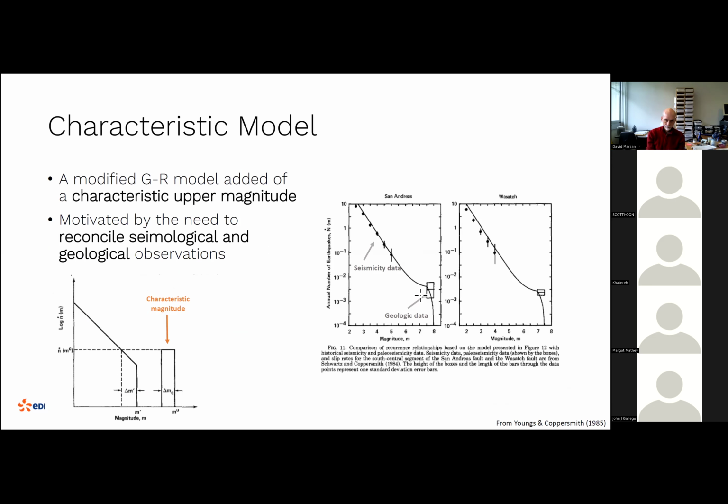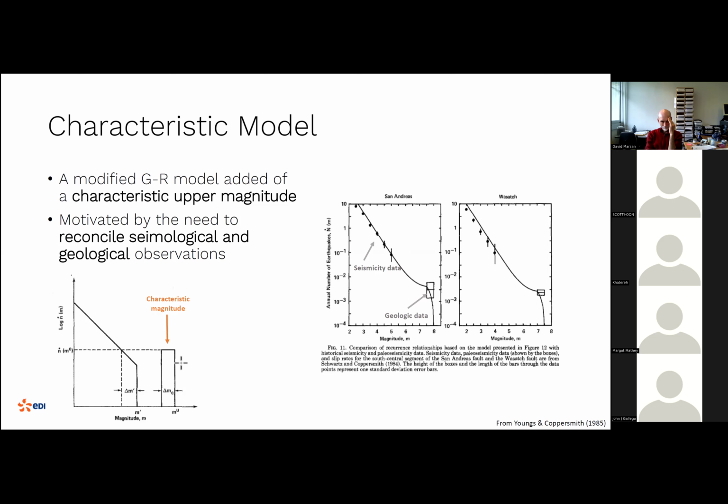So I will review rapidly. There is the characteristic model, the first I mentioned. The characteristic model is a power law decay of the number of earthquakes with the increasing magnitude for small earthquakes. And then this model favors a specific magnitude value, a preferred value for a specific fault segment.